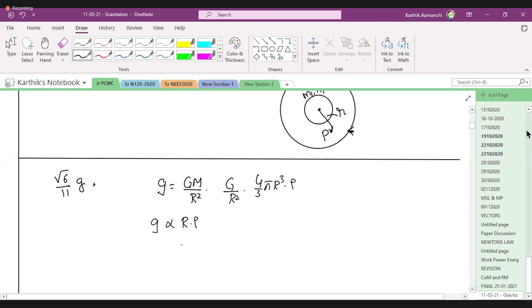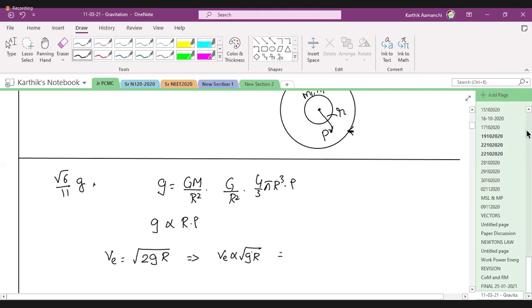We know your escape velocity is root 2GR. So it is directly proportional to under root G into R. So it is R root rho.